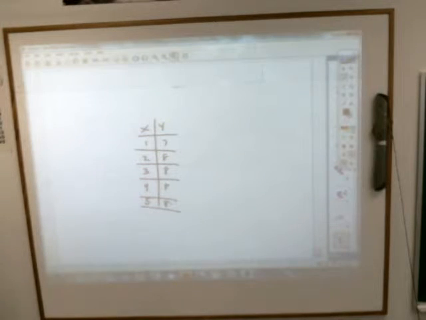If I asked you if that would be a function, yes or no? Raise your hand if you think that's a function. Raise your hand if you don't think it's a function. Raise your hand if you got some input as to why you decided one way or another.